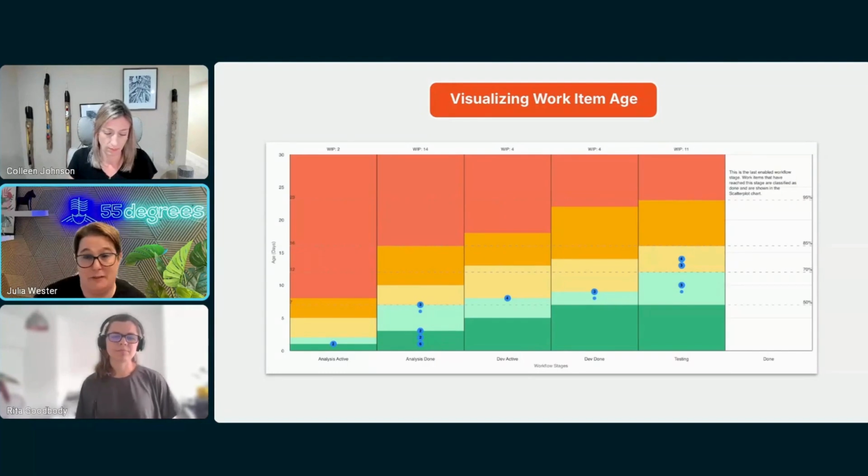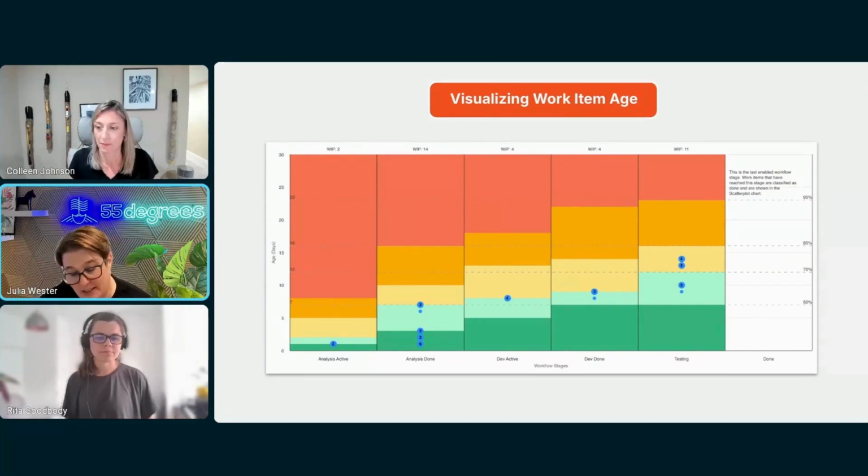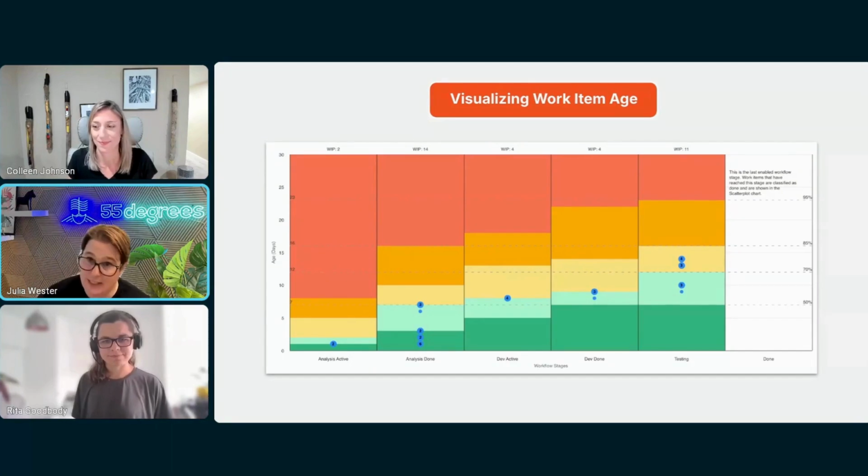So age is not the only thing that you need to consider. There's obviously more things, but from a predictability and a using data for forecasting standpoint, age is the most important thing that you can use to improve your process, improve your predictability.